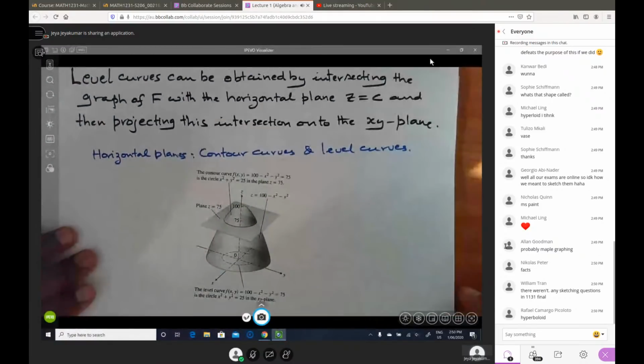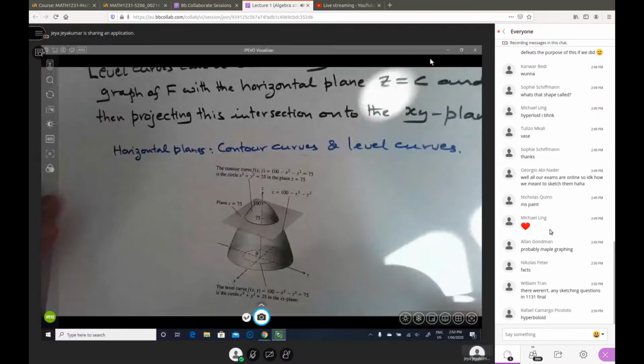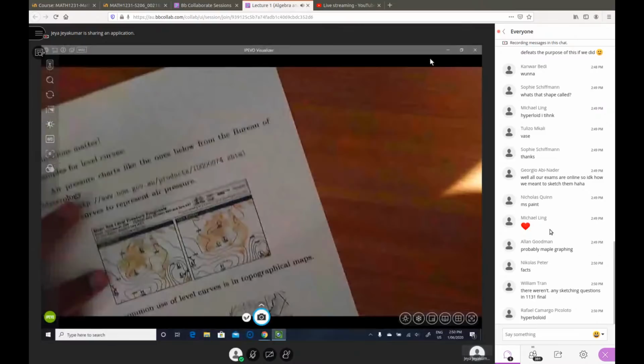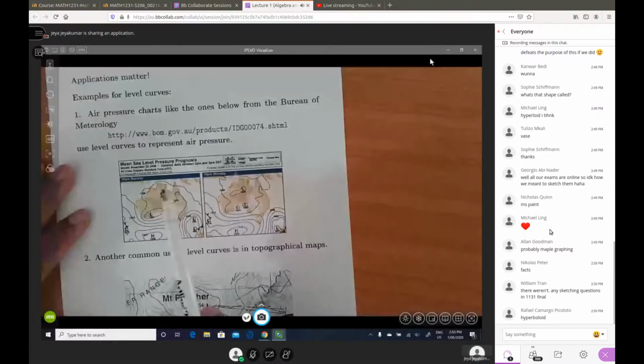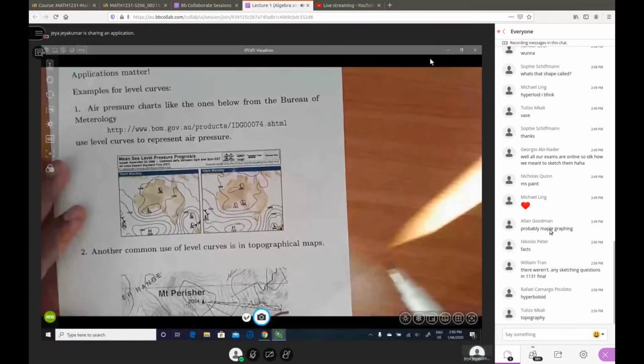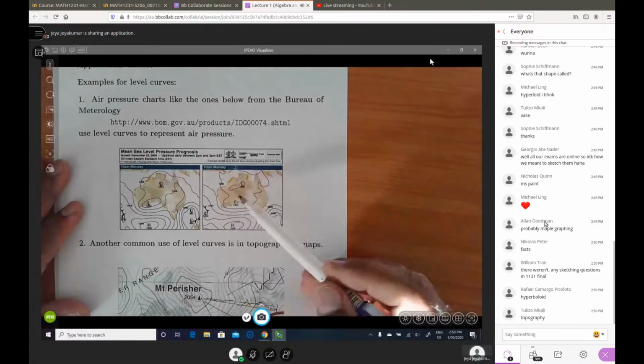In fact, the level curves have practical applications as well. So here is an example. In air pressure charts like the ones below, these are the level curves described by the pressure, which is constant along those curves.